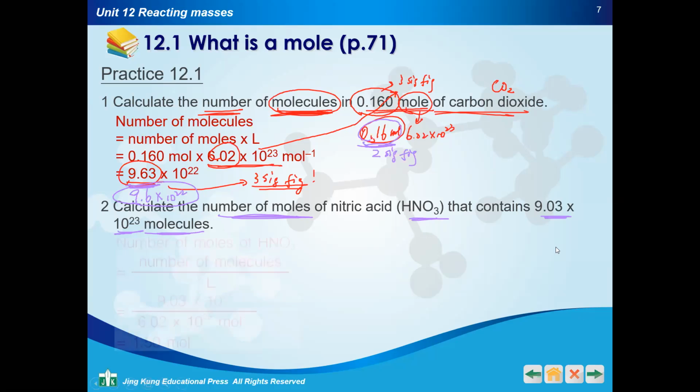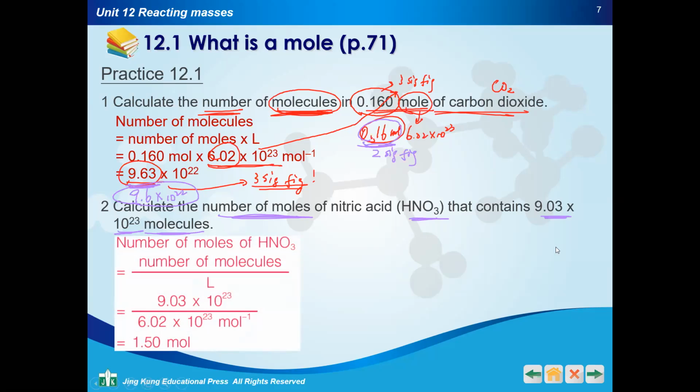Why? Because you have to check the significant figures. The answer is 1.50 mole. As said before, the data is in 3 sig fig and the Avogadro's number is in 3 sig fig.